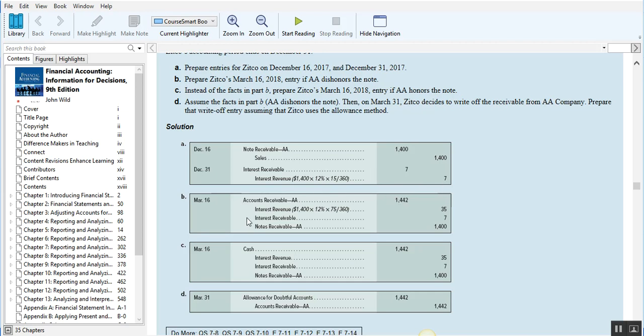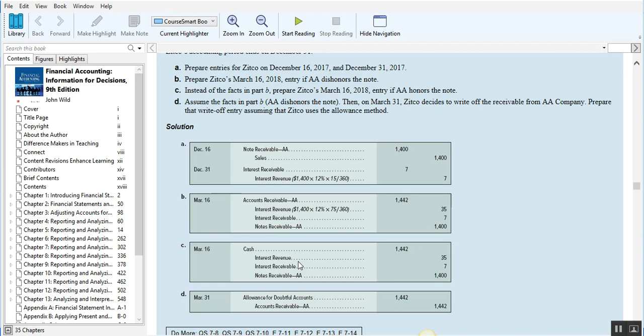So then after the first of the year, the note is paid. We have the accounts receivable of $1,442. We have interest revenue of $35. We have interest receivable of $7, and we have the notes receivable. This is not paid. This is dishonored.